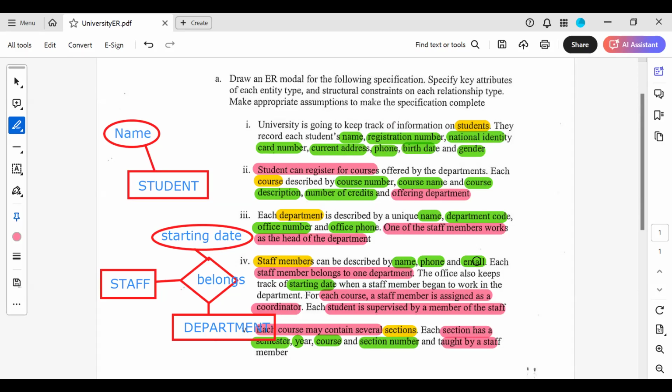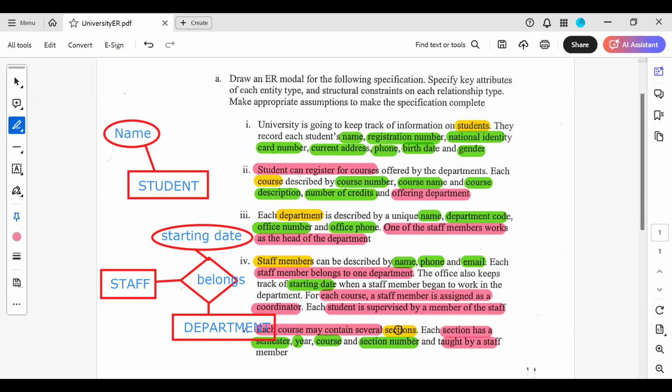Sections could be weak or regular depending on how you think about it. If you assume that we don't have any attribute uniquely identified, then this becomes weak, right? But I think it's not a major issue. I hope now you have everything to draw the complete ER diagram. So it's a small exercise for you.